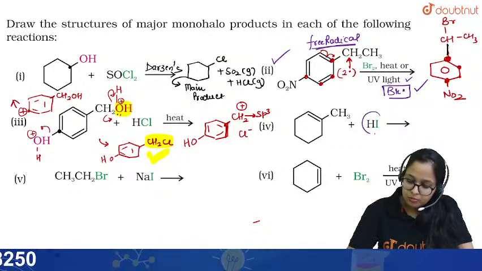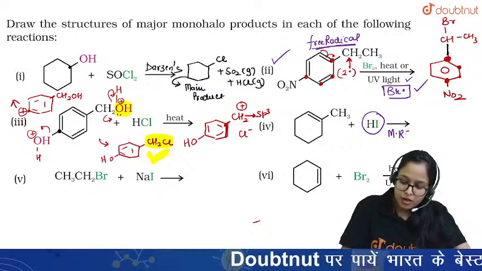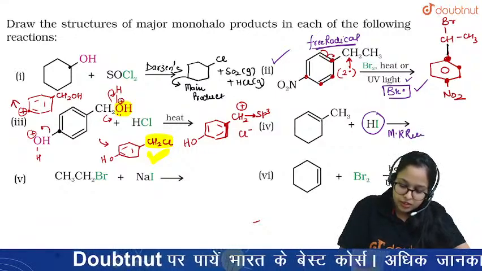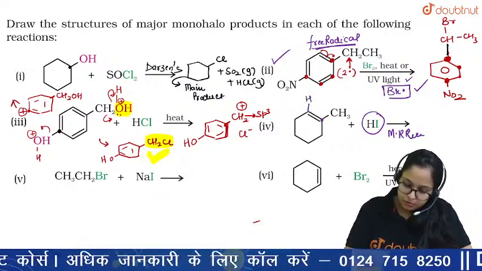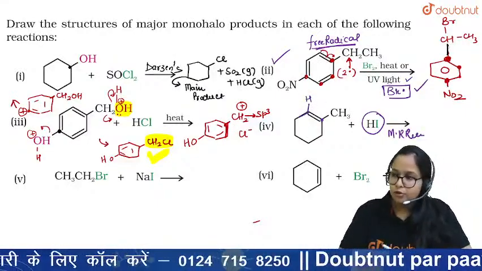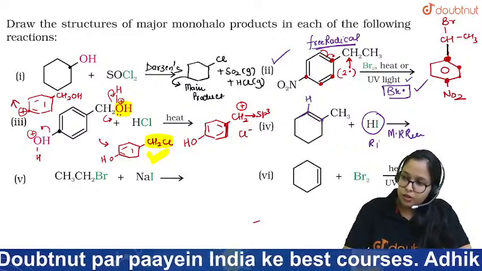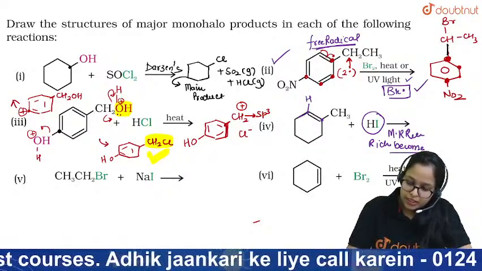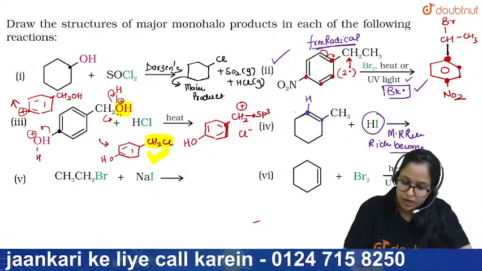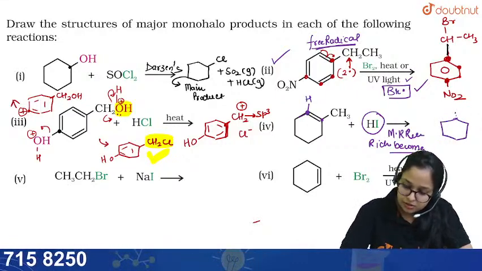This is normal addition of HI. We follow Markovnikov's rule, right? This is a double bond, it has no hydrogen on one carbon, and it has one hydrogen here because three bonds are already formed. The fourth bond will be with hydrogen, and according to Markovnikov's rule, as we know, the rich becomes richer, right? So the carbon with more hydrogens gets the hydrogen, and the final answer is this.